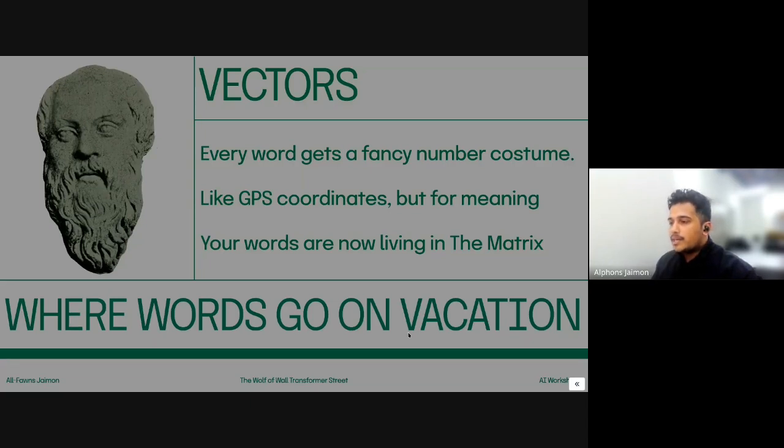Now there will be many more statements in your text space, like these three sentences. Every word gets a fancy number constant, like GPS coordinates for the meaning. All of them would be converted into an array of numbers that we store in a database. These arrays of numbers are what we call vectors, and those numbers are your embeddings, vector embeddings.